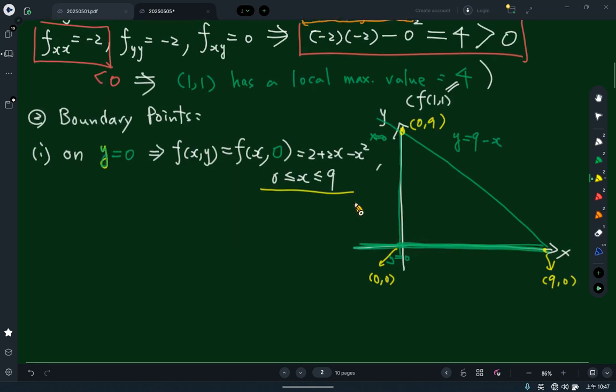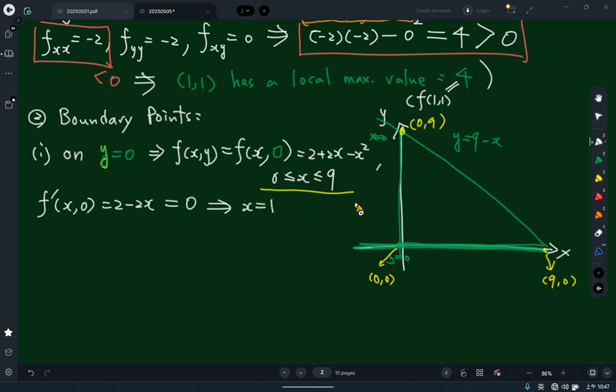Then we can continue to differentiate: f prime of x is equal to 2 minus 2x, and we hope it can be 0. Then we can find x is equal to 1. So x should be 1 here, right?